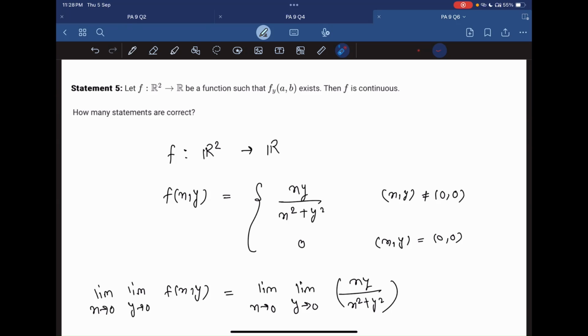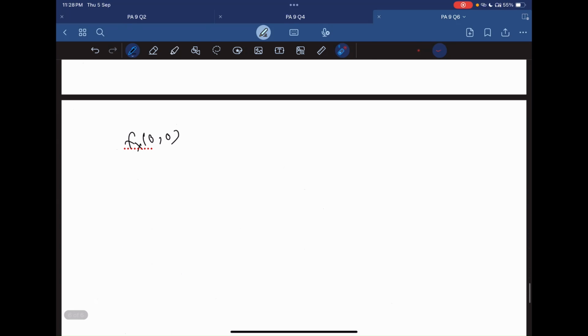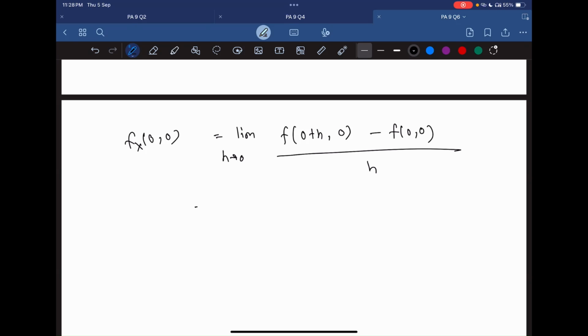So to calculate the partial derivative of this function, we will use the traditional approach, that is, the limit as h tends to 0 of f of 0 plus h comma 0 minus f of 0 comma 0, divided by h, that is f of h comma 0 minus f of 0 comma 0.